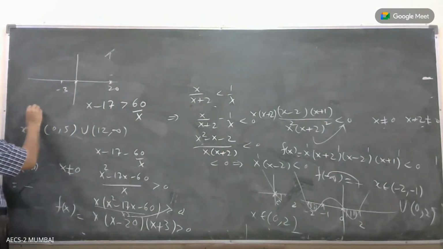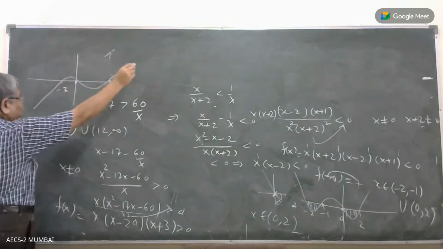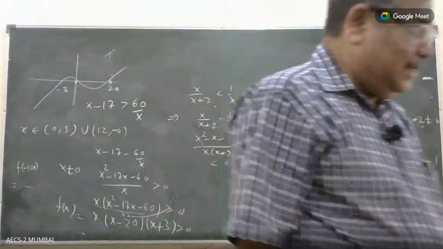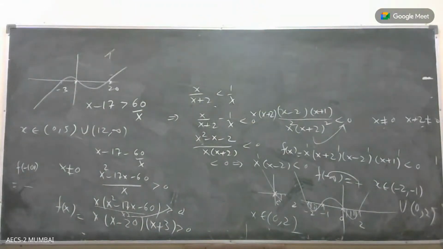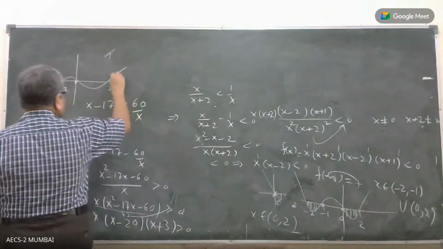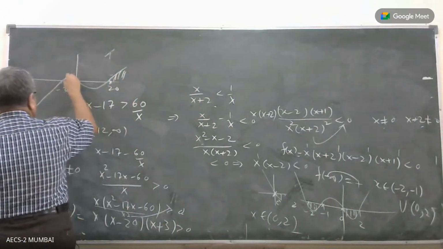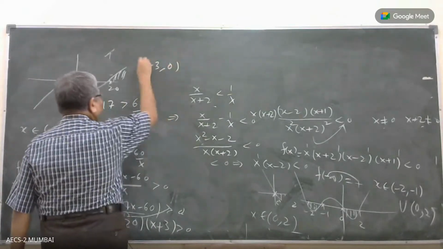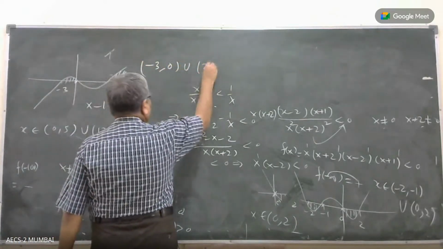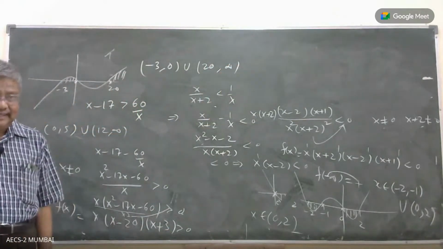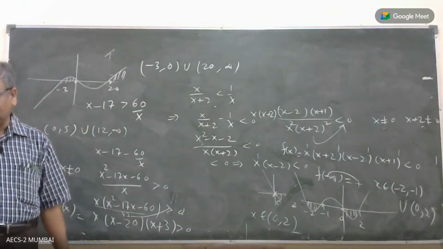It will start from this quadrant. Now your job is to check where all it is positive. It's positive here. It is positive here. So what is the answer? A comma 0 union B comma infinity. Correct? Is the answer. Okay?